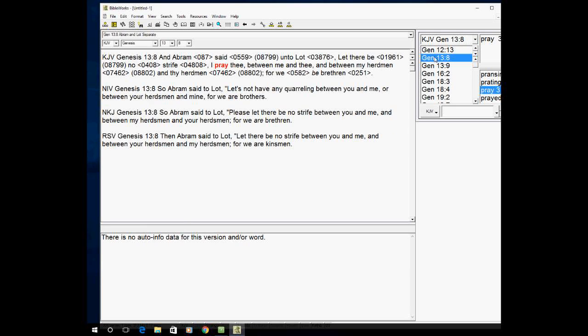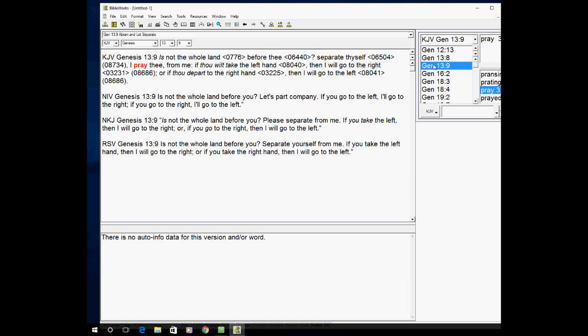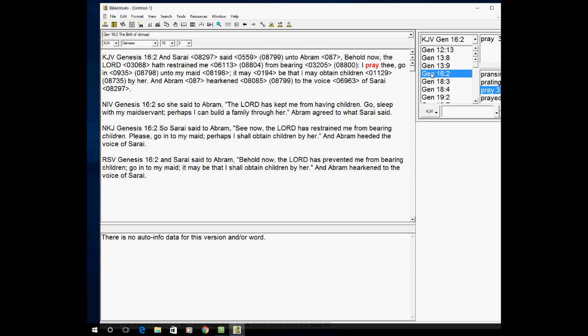So Abraham said to Lot, "Let there be no strife, I pray thee, between me and thee." So we can go down through and we see that the first examples of the word pray is what one person is saying to another, which goes back to the number 3 definition, to seriously ask someone to do something.